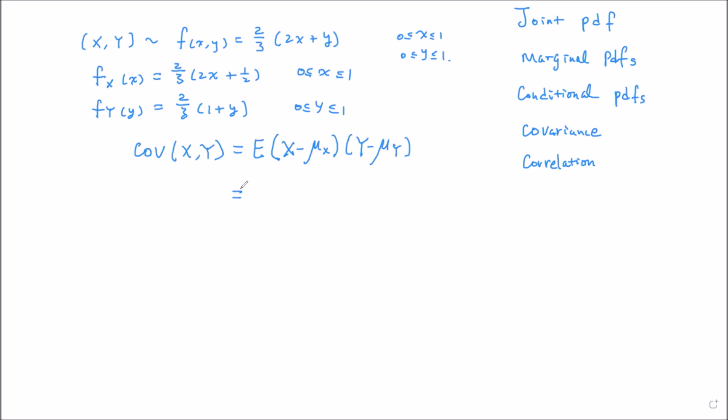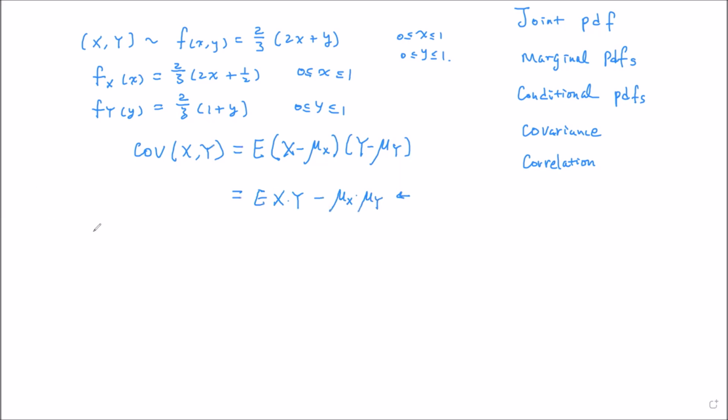Now, if you expand the cross product and use the properties of expectation, you would get this. It's the same thing. Normally, when we calculate covariance by hand, this formula is probably more convenient to use, so I'm going to use that.